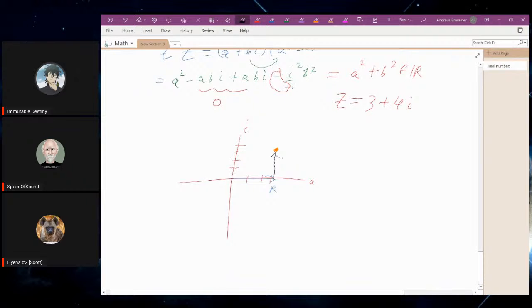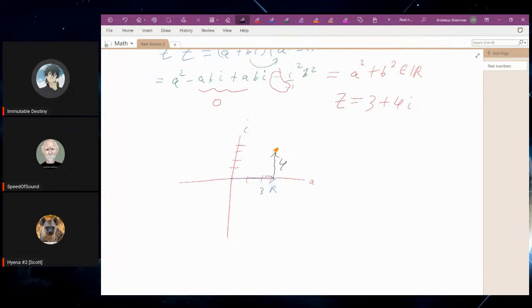So this part was 3, and this part was 4, and these both don't need i, because the units for this y-axis on this 2D plot are in terms of i. So if I add these two, it will give me 3 plus 4i.